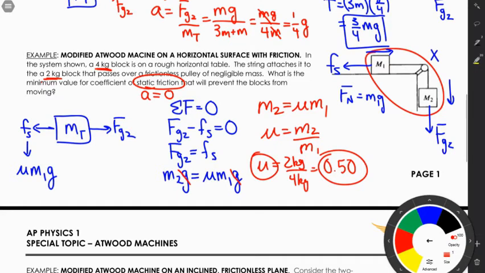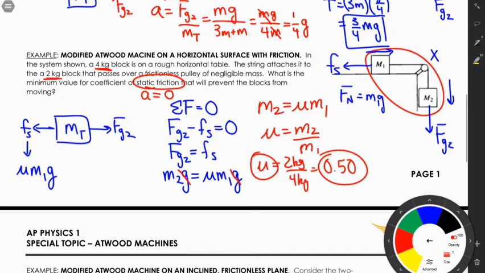In fact, the lab we did, it was the hand pulling the block. The other way to do this lab, determining coefficients of friction, is to actually set this up, and M2 becomes like a cup or something you can hang masses off of, and you just add masses in or on until it begins to move. Then you see the comparison between the two.